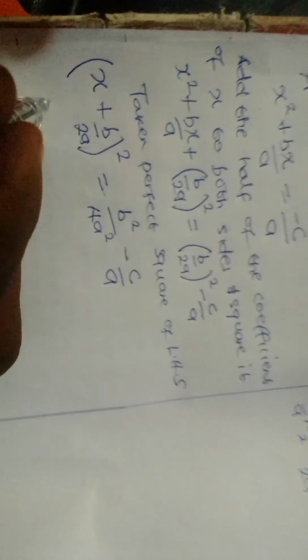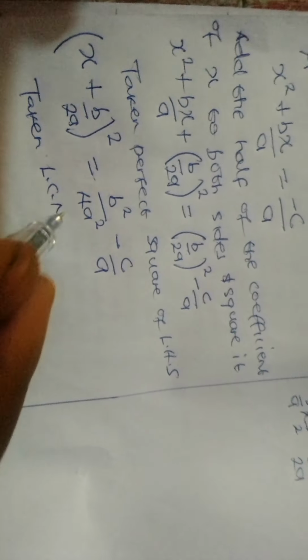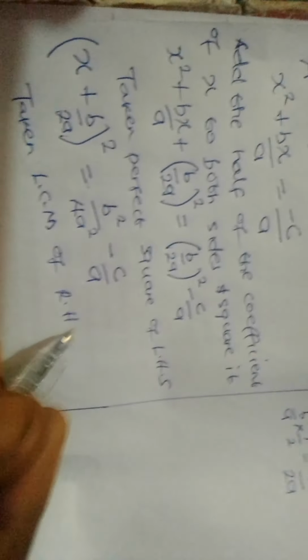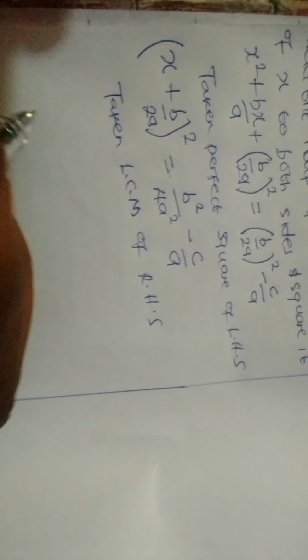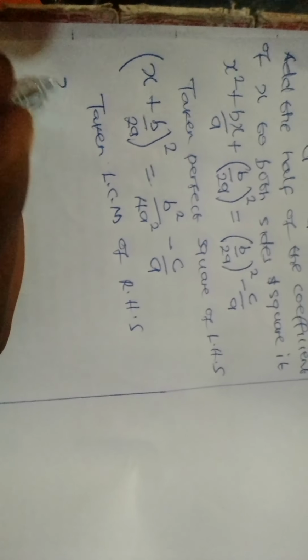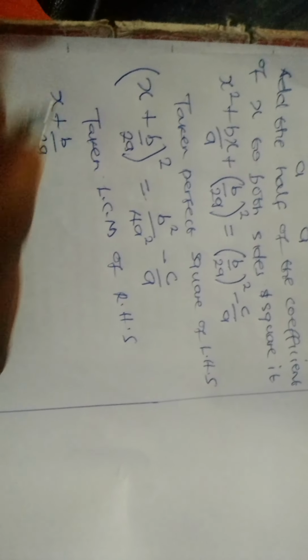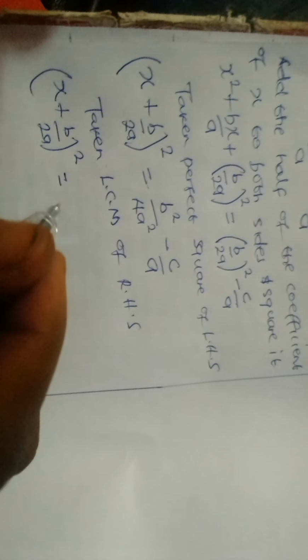Now at this point, what do we do? We take the LCM, that's the least common multiple, of the right hand side. We write this as x plus b over 2a all squared, equal to, now what's the LCM of both sides?